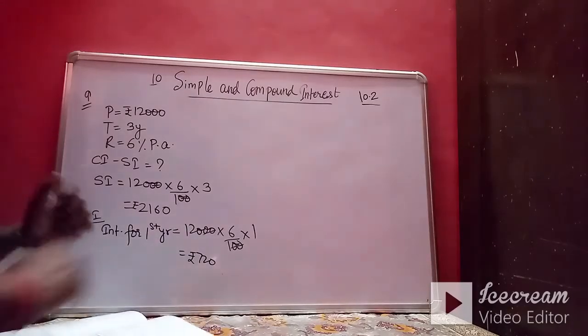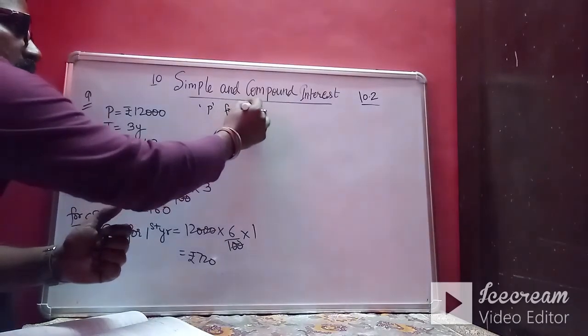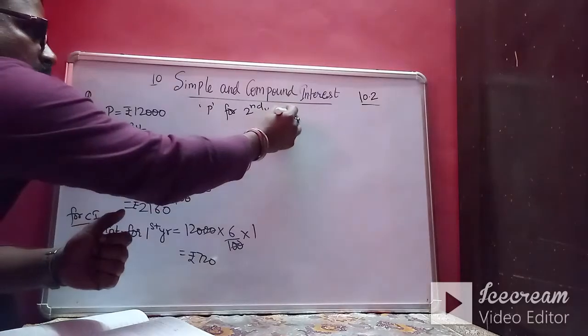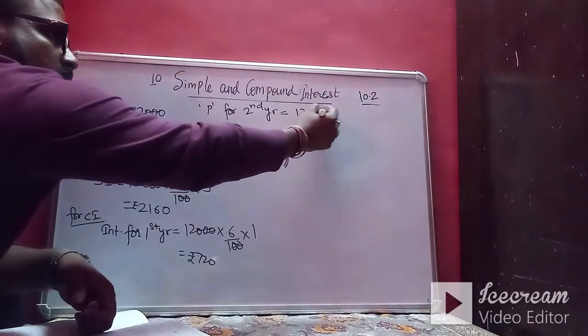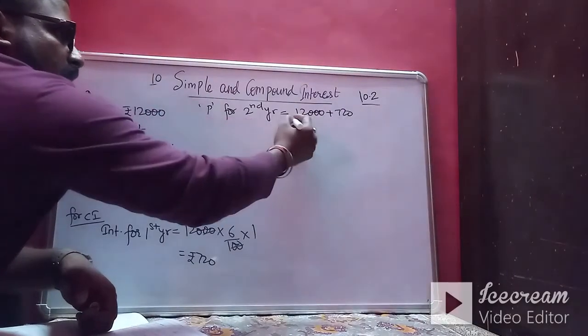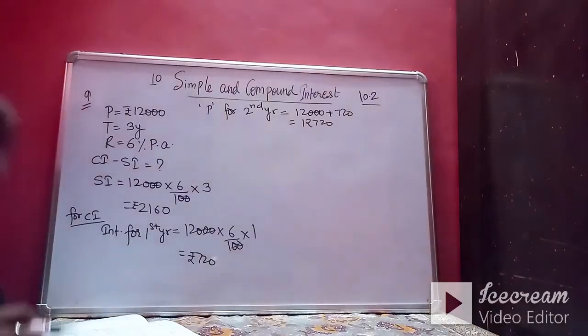Next we will calculate P for second year. So P for second year will be how much? 12,000 plus 720, that is 12,720.